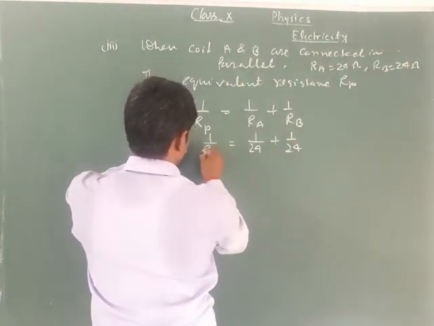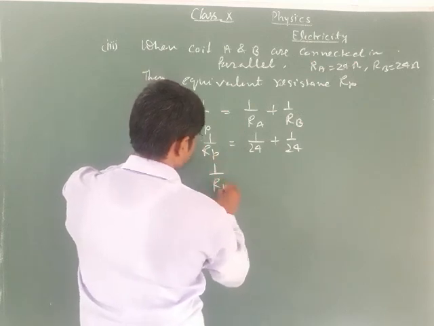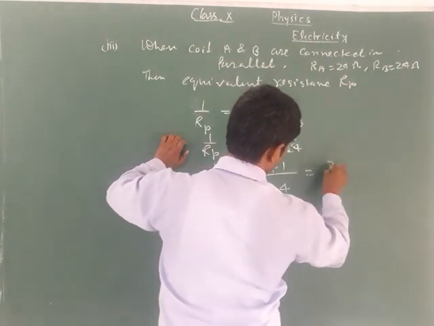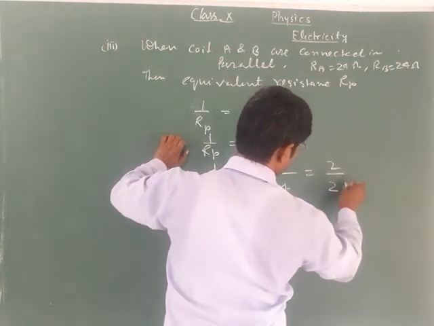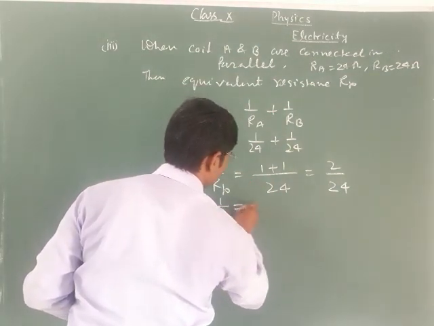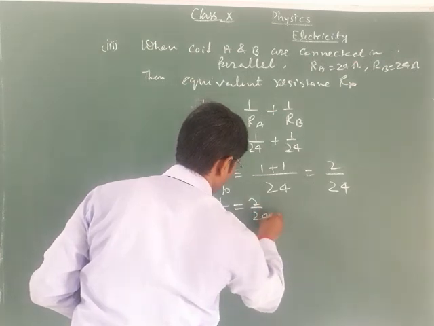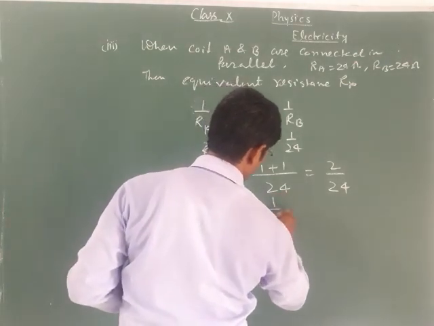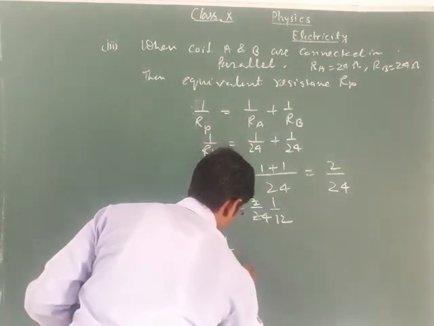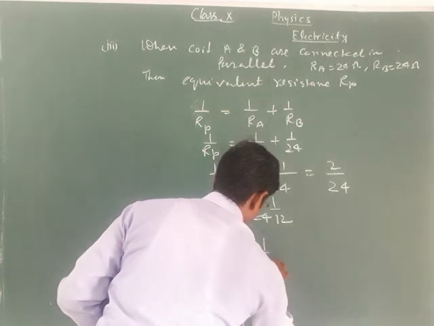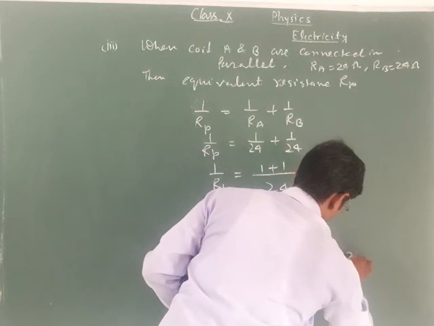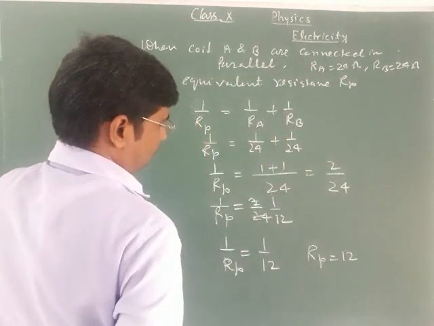So 1 upon Rp is equal to 2 upon 24, so this is 1 by 12. So 1 upon Rp is equal to 1 upon 12. So Rp is equal to 12 ohm.